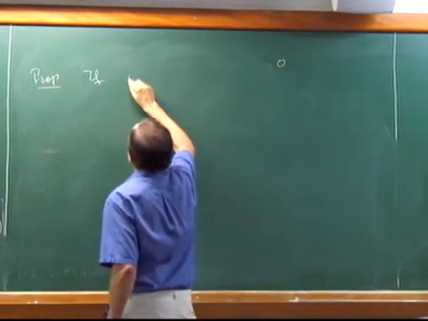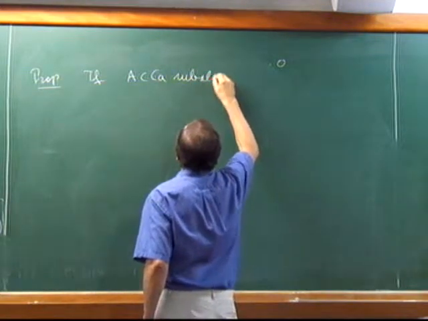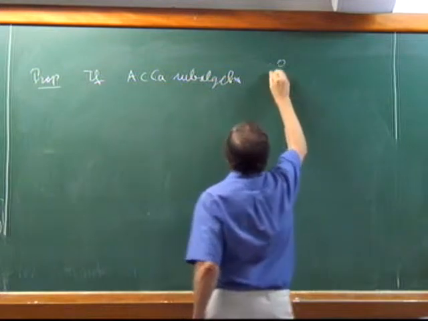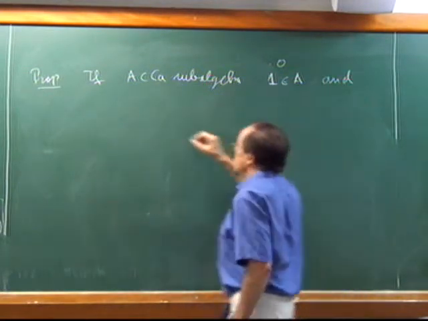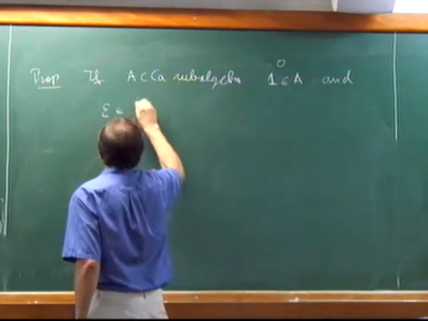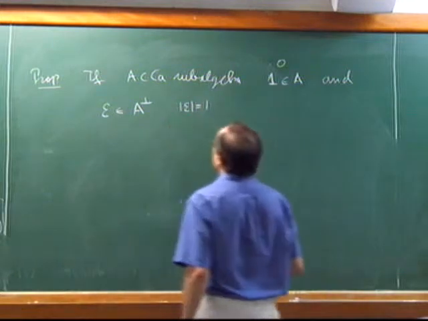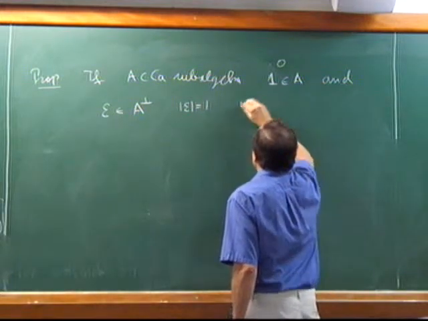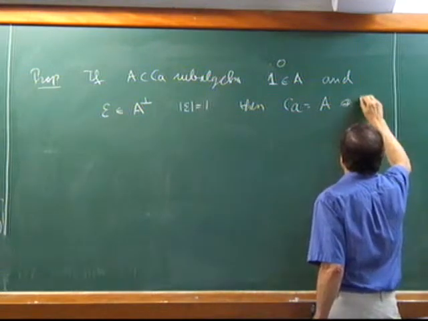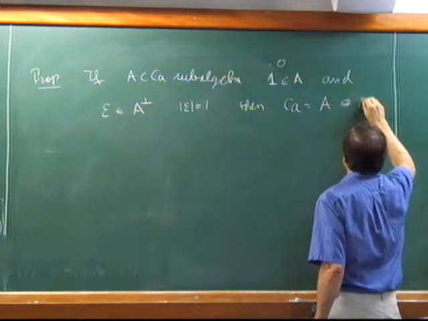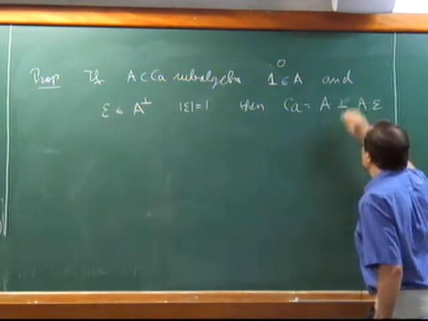If A inside the Cayley numbers is a subalgebra which contains a unit, and epsilon is an element of A perp of length 1, then first the Cayley numbers are the direct sum of A and epsilon times A, an orthogonal direct sum.